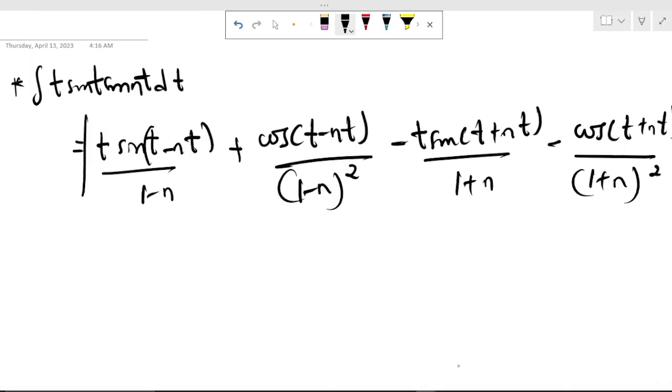Now let's plug in the limit, which is minus pi to 0. Similarly, our sine expressions go away. We are left with this and this.